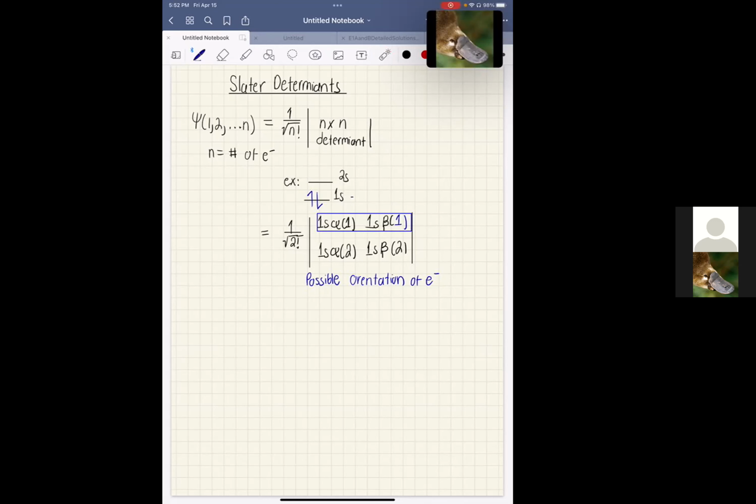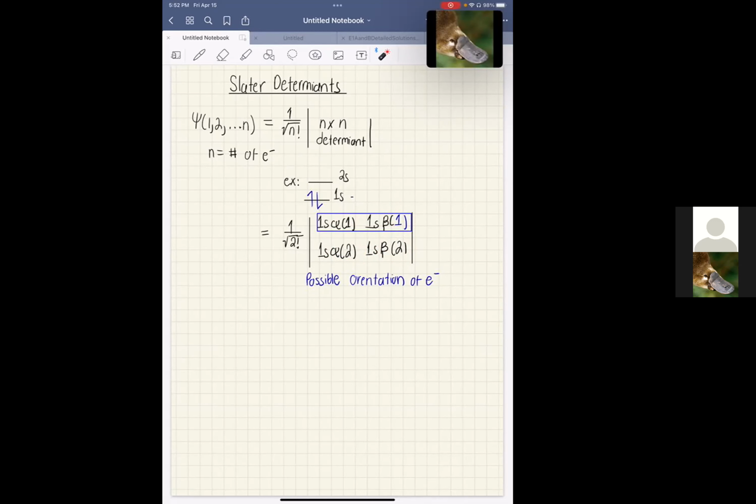Both electrons are in the 1s orbital with opposite spins. You put in the possibilities of labeling either electron 1 or electron 2 in each row. Electron 1 can be spin up or spin down, and electron 2 can be spin up or spin down. The determinant of that will be your wave function. That's basically what Slater determinants are.